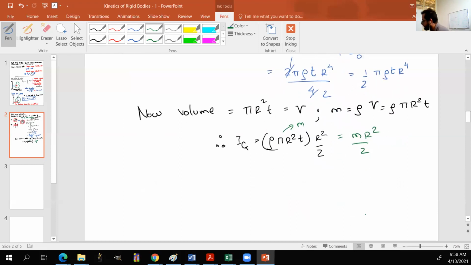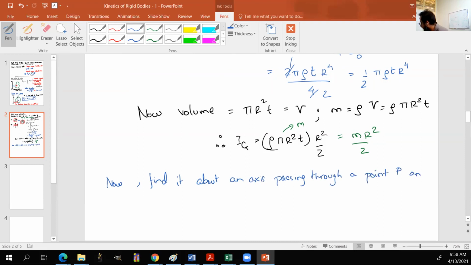Next, now let's find it about an axis passing through a point P on the edge.